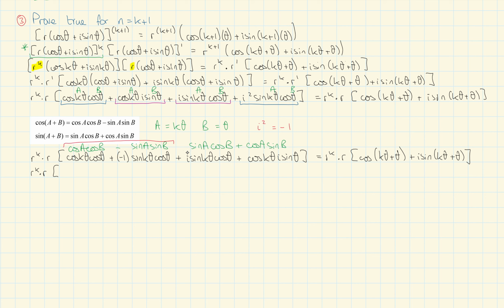So there's my first identity, and there's my second identity. So the first one is going to tidy up to cos of A, which we said was k theta, plus B, which is theta. So there's your first part, and then the second part tidies up to sine of A, which is k theta. Let me drop the i. So i sine of k theta plus B, which is theta. And then that'll equal the right hand side.